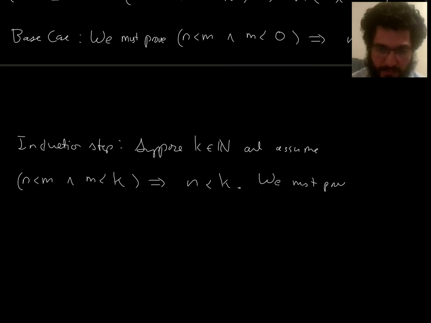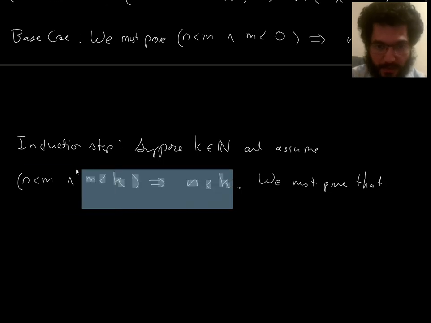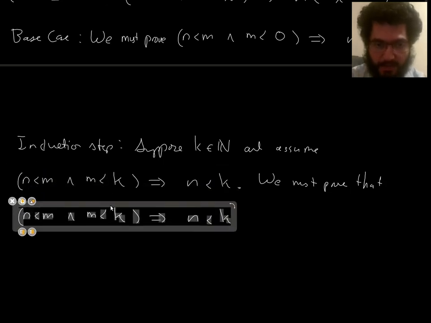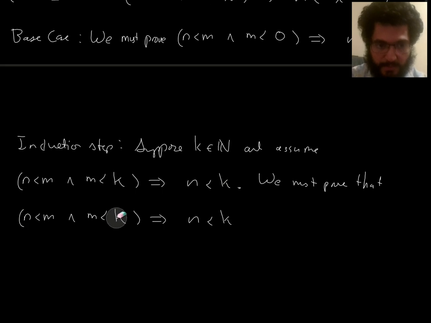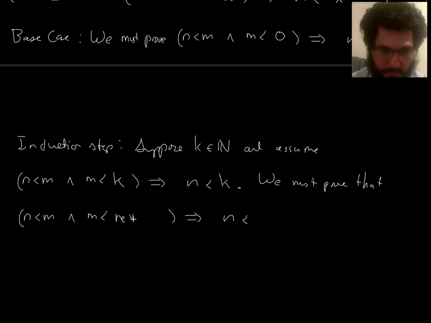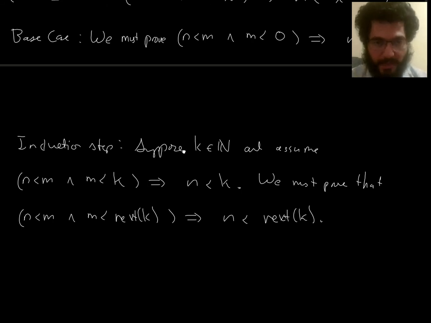We must prove that, and then basically this again, but next k instead of k. So next k's go here. Make some space. So, okay, my induction step is set up, my base case is set up.